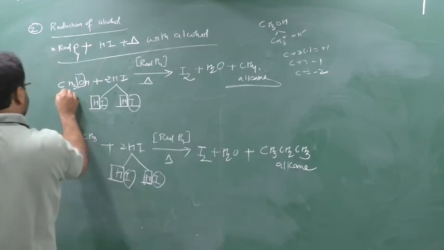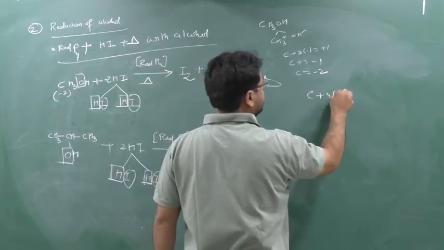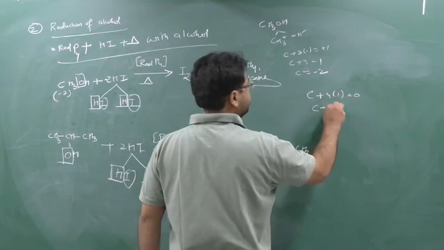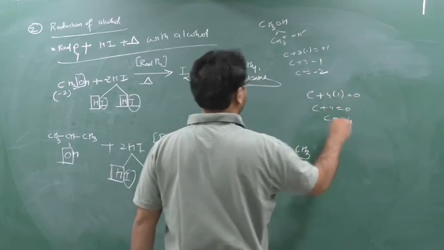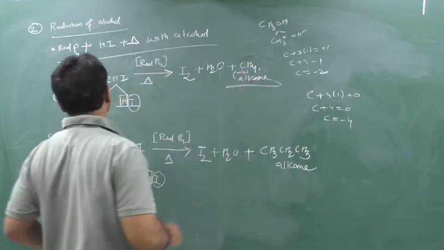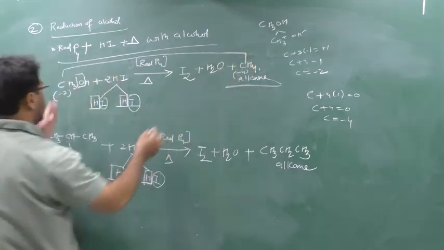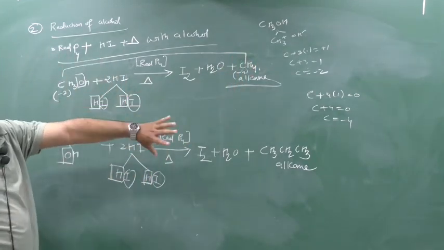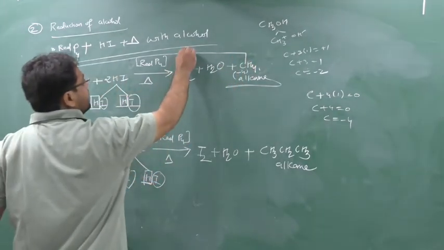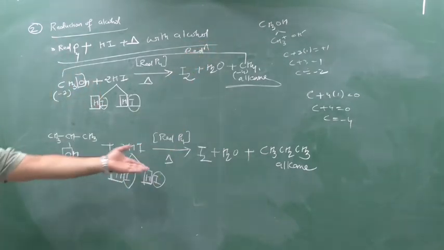So here C is minus 2. And in CH4, C plus 4 into 1 equals 0, so C plus 4 equals 0, so C equals minus 4. So here C is minus 4. From minus 2 to minus 4, is it increasing or decreasing? Decreasing, so it is nothing but a reduction. Understood? Similarly here also will be the case.